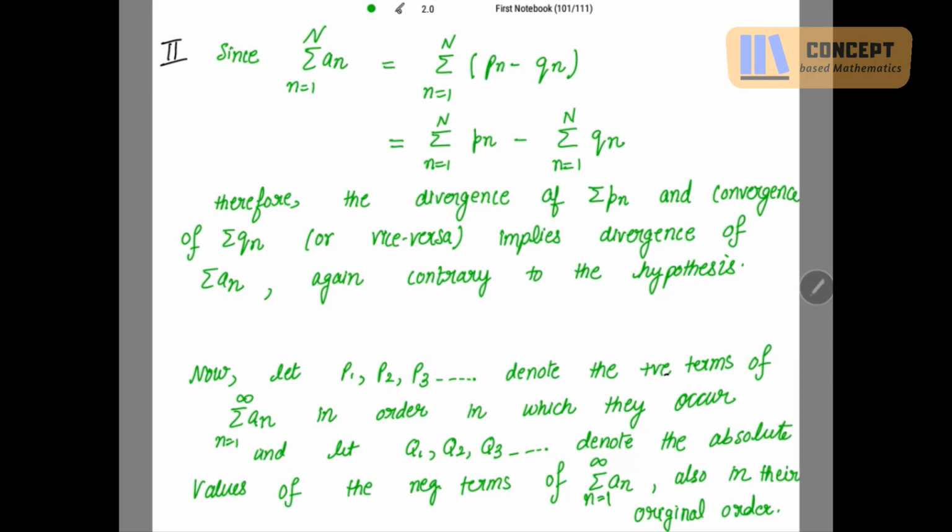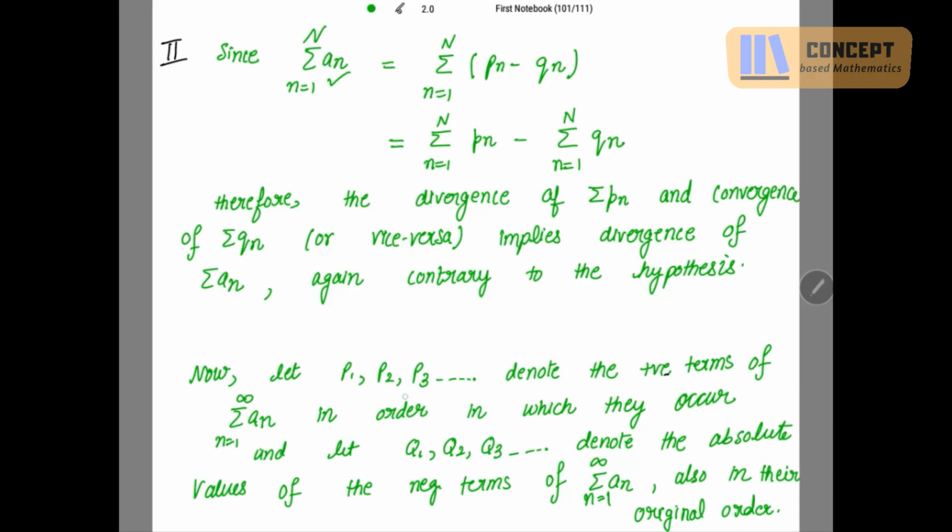Because whenever one of the series is convergent and the other is divergent, the resulting series An will be divergent, which is again contrary to our hypothesis, right? Okay. So now I have taken capital P1, P2, P3.